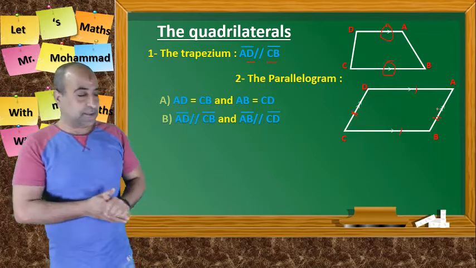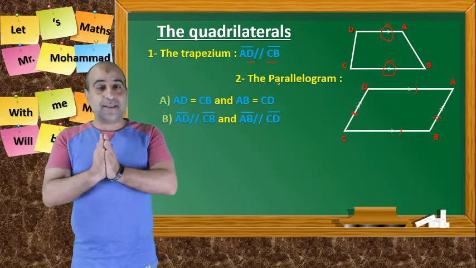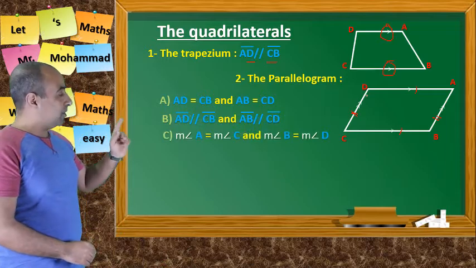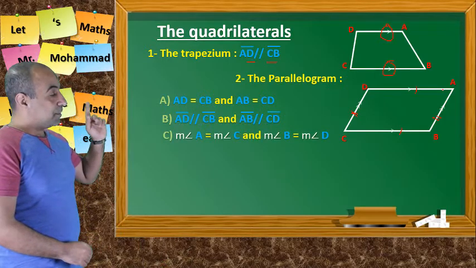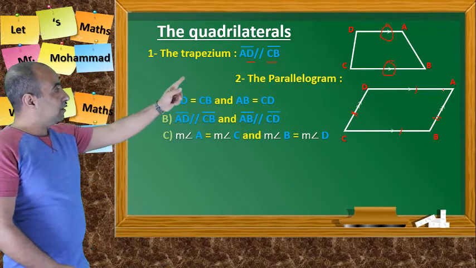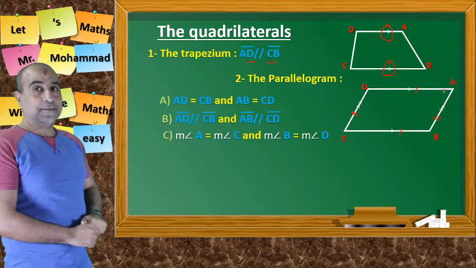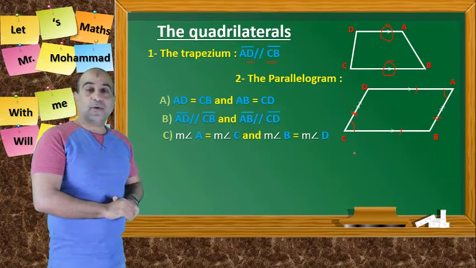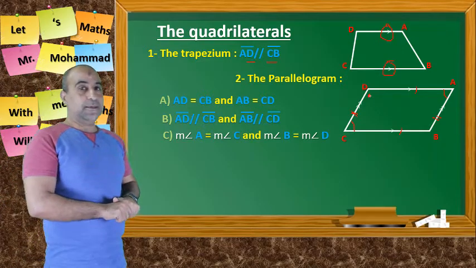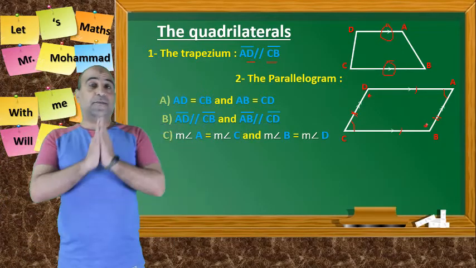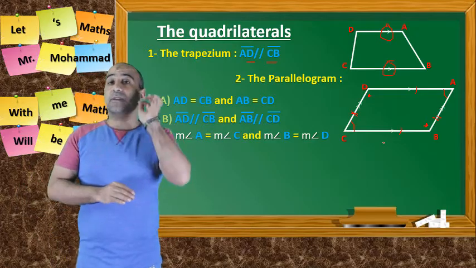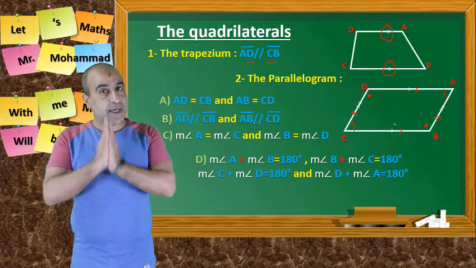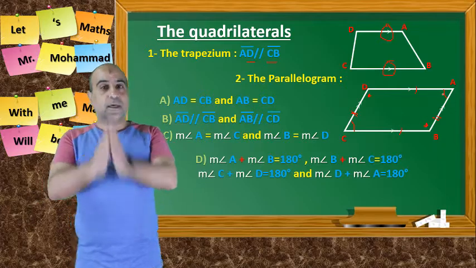The third property: each two opposite angles are equal in measure. You will see that the measure of angle A is equal to the measure of angle C, and the measure of angle D is equal to the measure of angle B. And the fourth property: each two consecutive angles, their sum is 180 degrees.